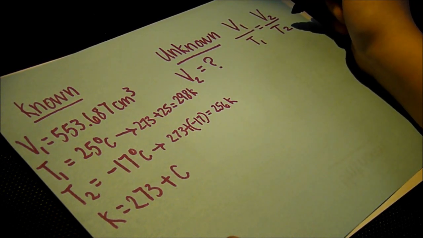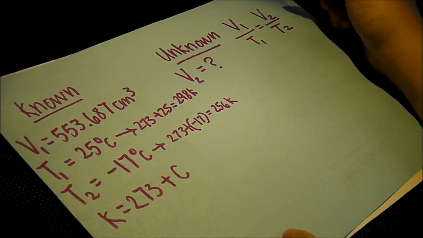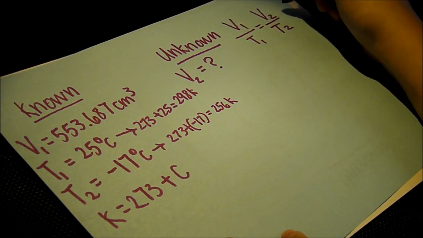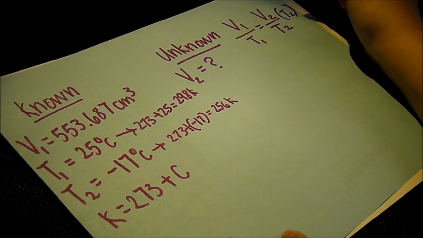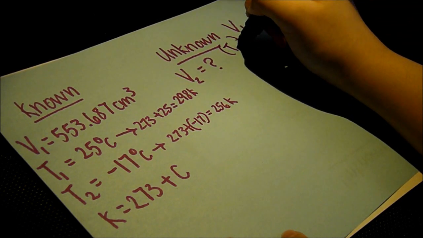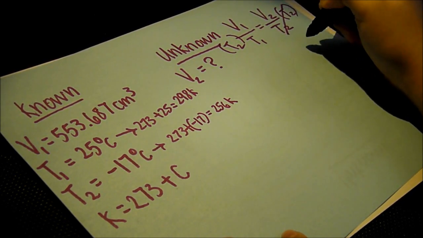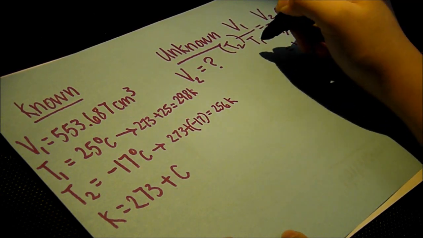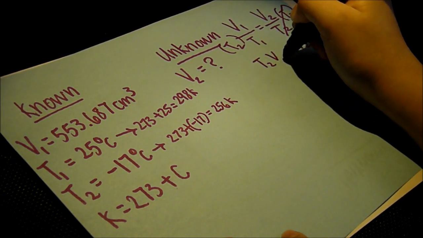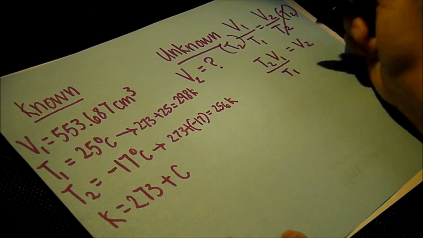So we multiply both sides by T2, which gets rid of the T2. Now V2 is equal to T2 V1 over T1.